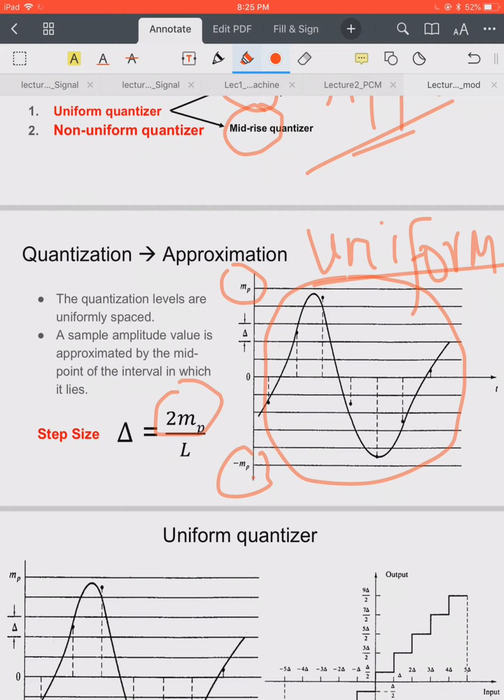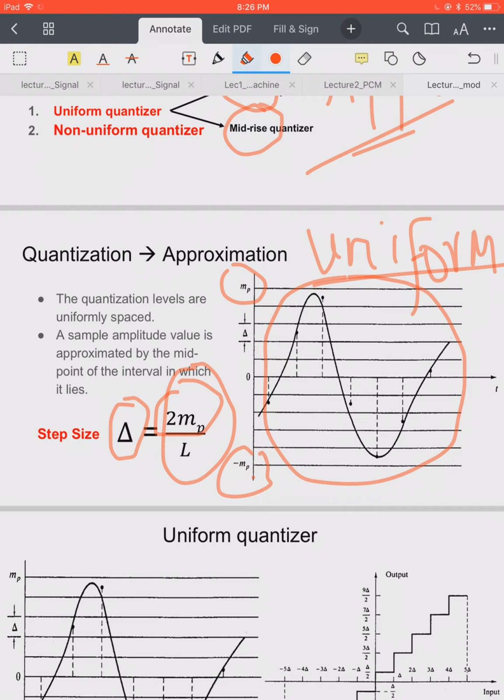Suppose we have used a total number of L quantization levels, so this range minus mp to mp is divided into L levels. Each step size delta is given by 2 mp by L. So the step size of my quantization is 2 mp by L.